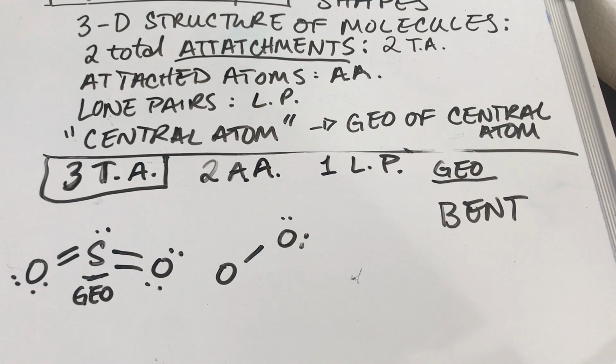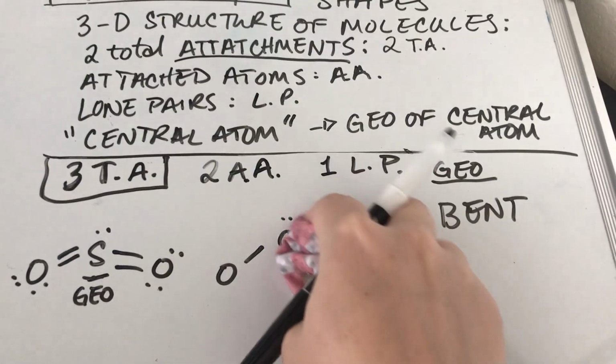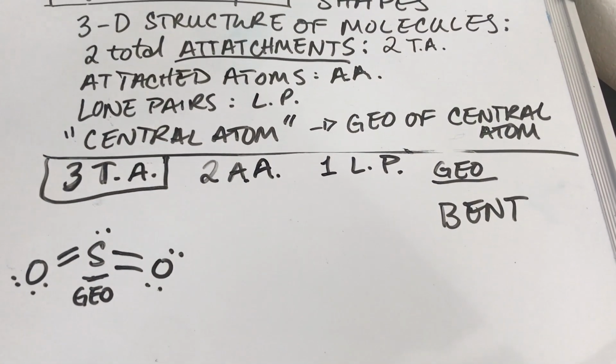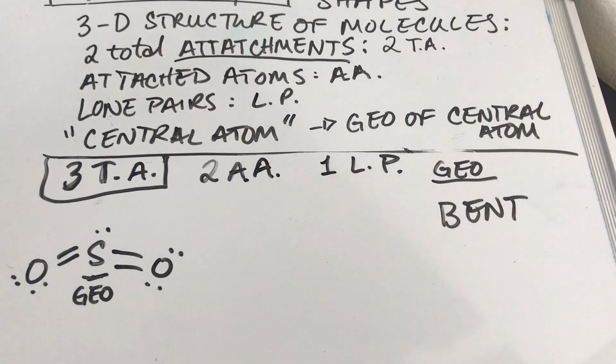When we're talking about the geometry, we're really looking at the shape of the molecule in 3 dimensions, or in 2 dimensions as it were here. So there are some cases where we just don't really need to think about it. There is no trigonal planar molecule if you only have 2 attached atoms.